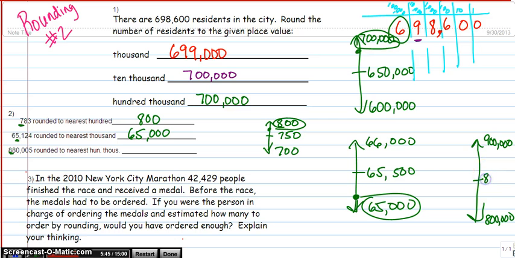And my midpoint would be 850,000. I need to plot 880,005. Well, I know 880,000 is more than 850,000, so I'm going to plot it here. And that shows me that I need to round up to 900,000.